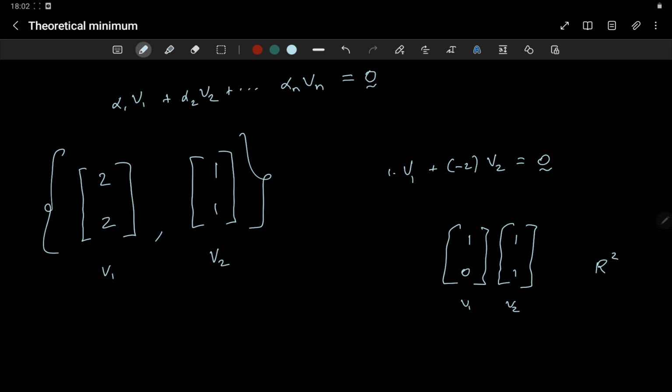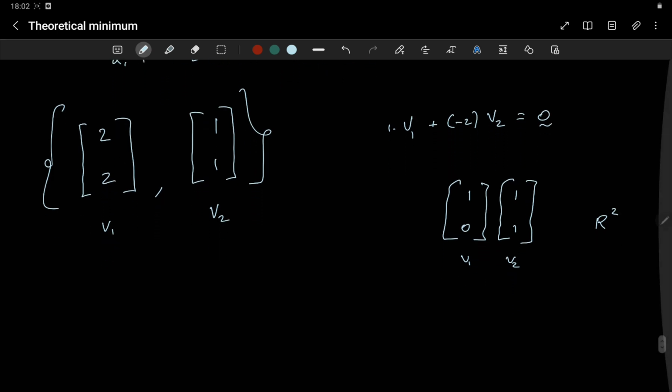Just recall what we have discussed, how to reach a point. Yes, we can reach any point. So that's one of the properties. If it's linearly independent, then it forms a basis, and also we can reach any point in R2.